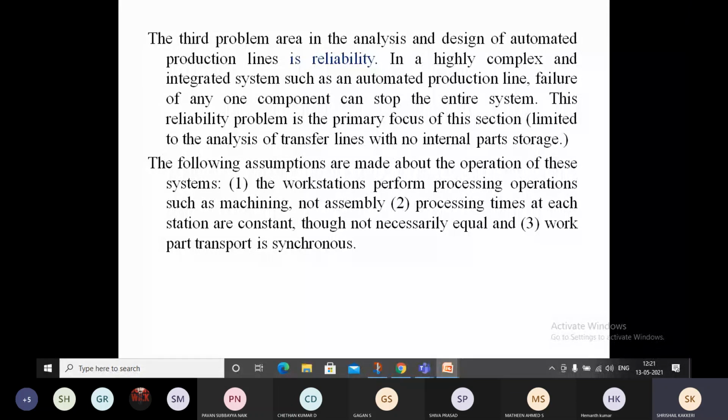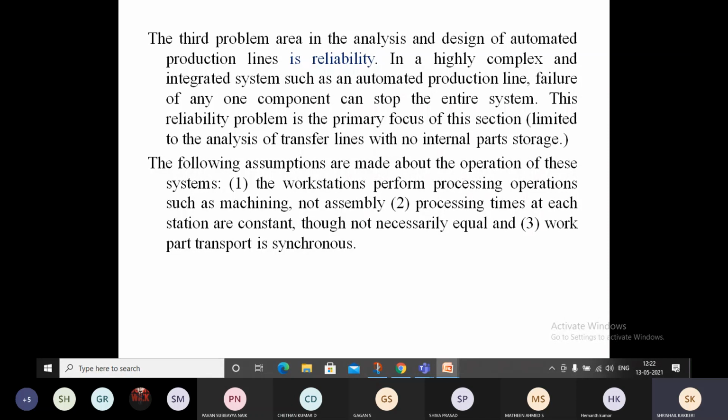Third, work part transfer is synchronous. We already understood synchronous, asynchronous, and discontinuous transfer. Synchronous means the work parts are moving by integrated conveyors uniformly.